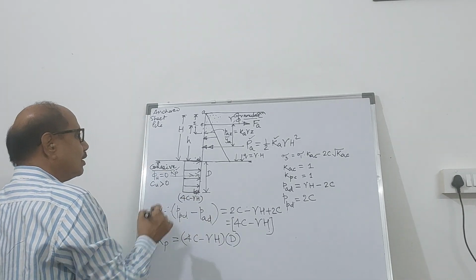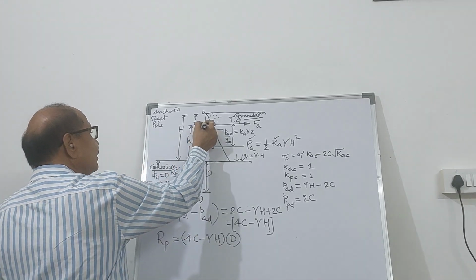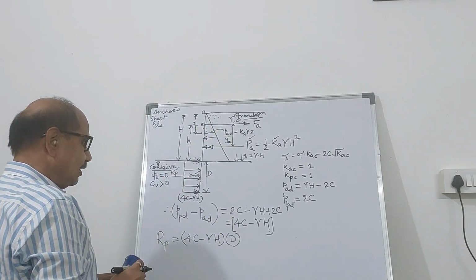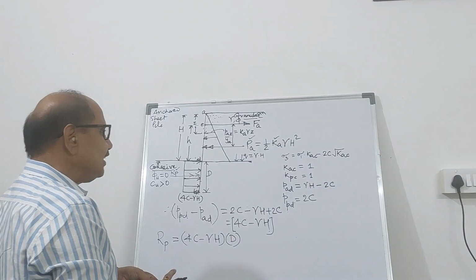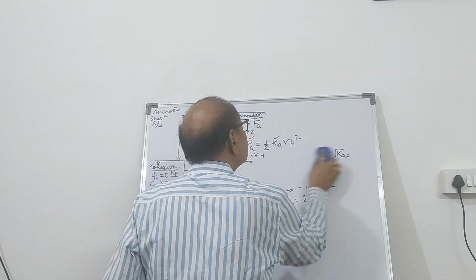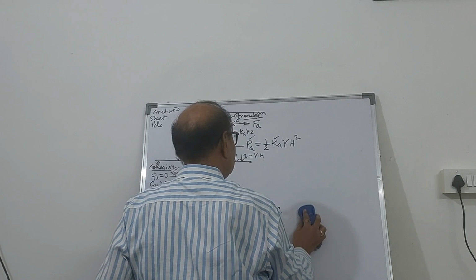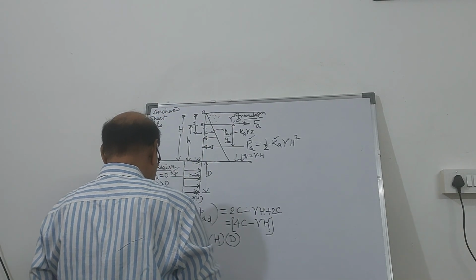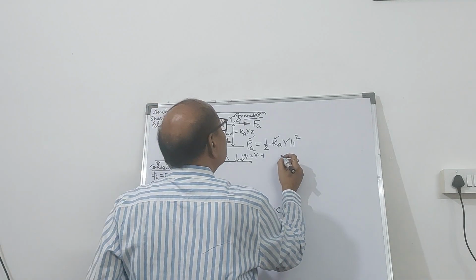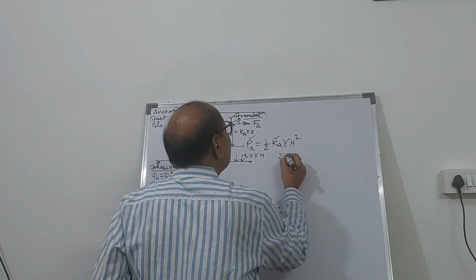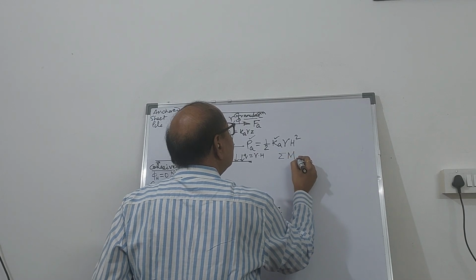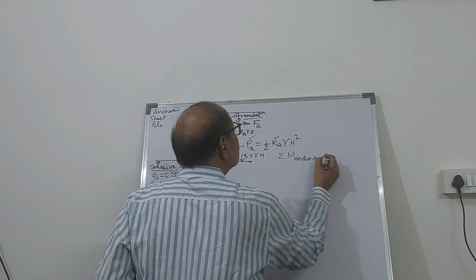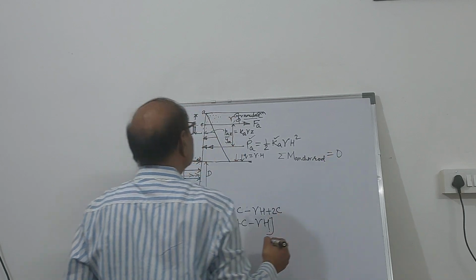And therefore, if you take moment about the anchor rod, that is about the point E, you can easily find out the depth of embedment. So if I take sigma M about the anchor rod, it must be equal to 0.